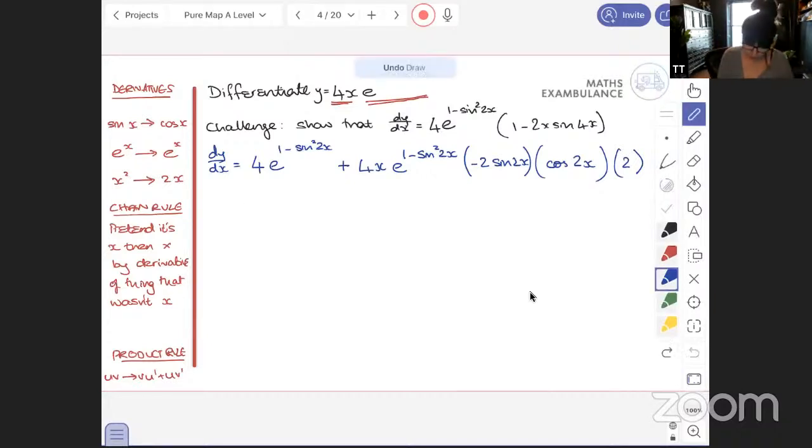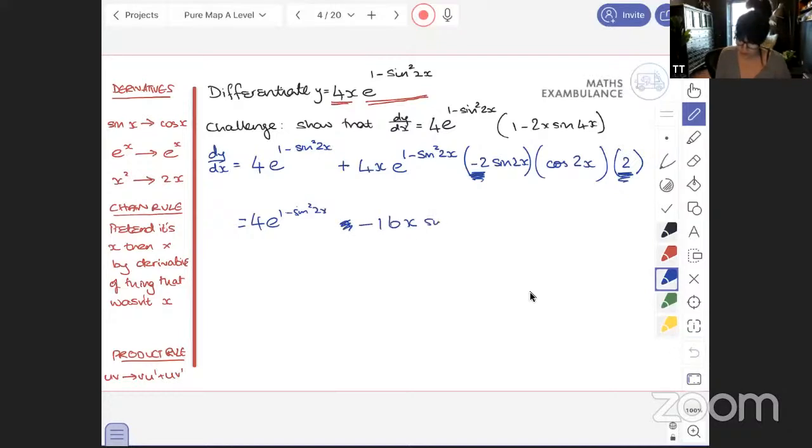For those of you that were wanting to do the complicated thing, it's 4e to the 1 minus sine squared 2x plus, what have we got? A minus and a 2 and a 2 and a 4. So that's 4 and 4, it's 16. So it's minus 16x.